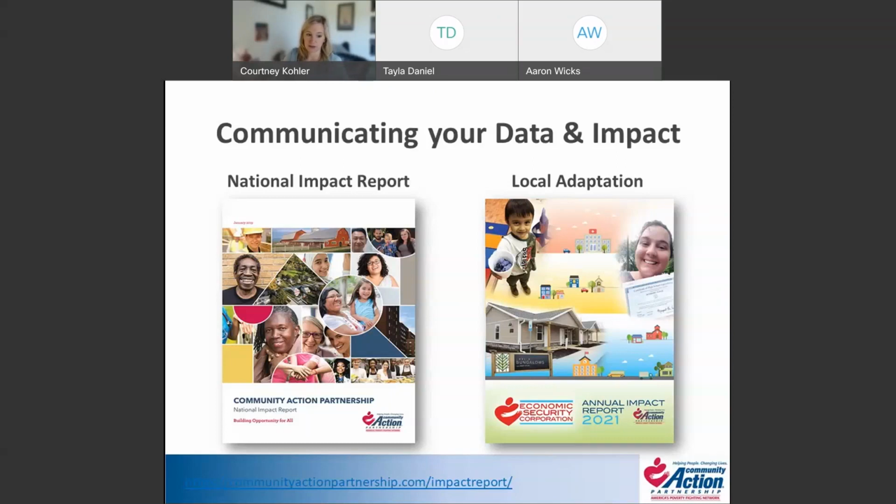So Economic Security Corporation out of Joplin, Missouri did a nice job of this past year, where they used the same format of using the numbers and the statistics and data with the stories that are happening within their local community. So that's one potential resource on communicating your data and impact.